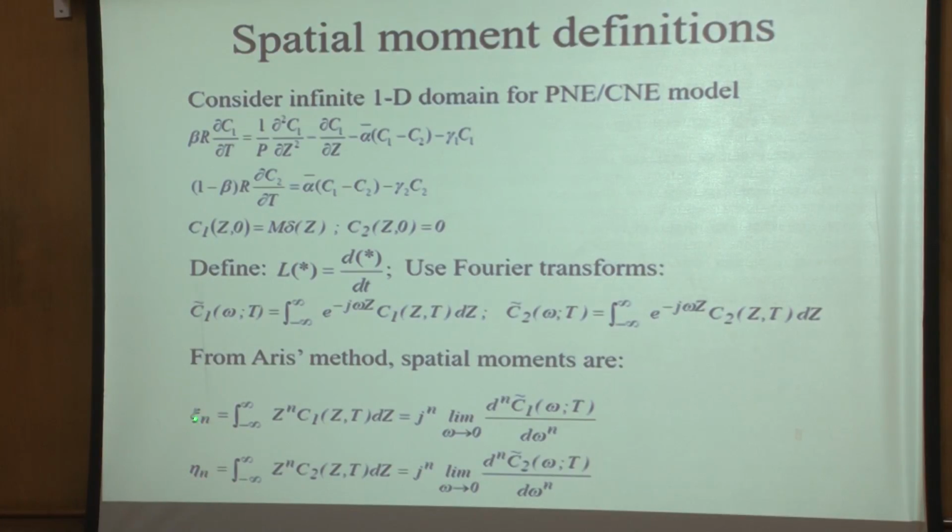The nth moment in C corresponds to C1. The nth moment in terms of eta is the moment for C2. And notice that we have used alpha bar instead of omega because omega is almost always reserved as a Fourier transform variable. Otherwise, no difference as such.